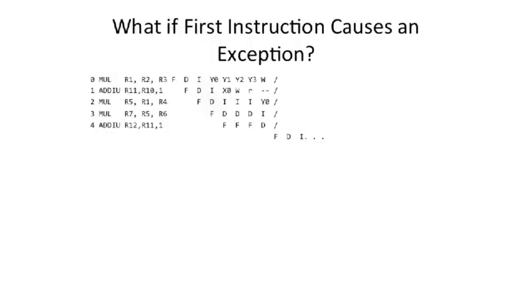OK, let's look at commit points and if exceptions occur. We're going to have the same example we had before. The mall here is going along, and it write-backs to the physical register file.